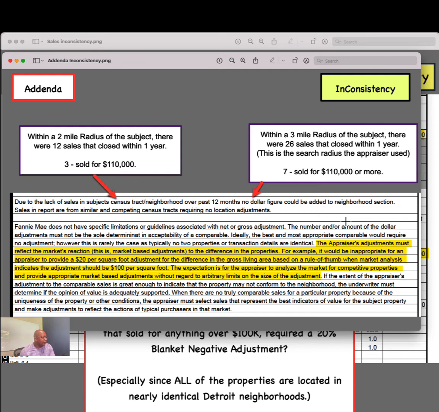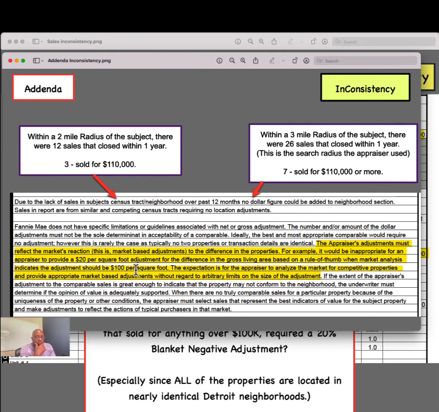This is market-based adjustments. So the differences in properties, the appraiser's adjustments must reflect market reactions to the differences in properties. For example, it would be inappropriate for an appraiser to provide a $20 per square foot adjustment for the differences in gross living area based on a rule of thumb when market analysis indicates the adjustment should be $100 per square foot.